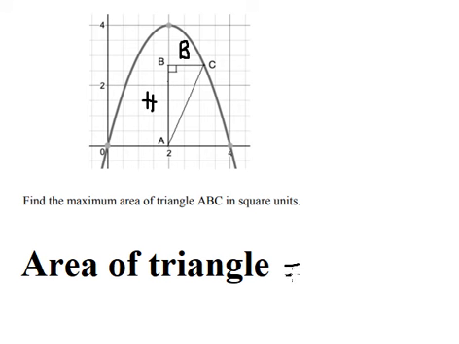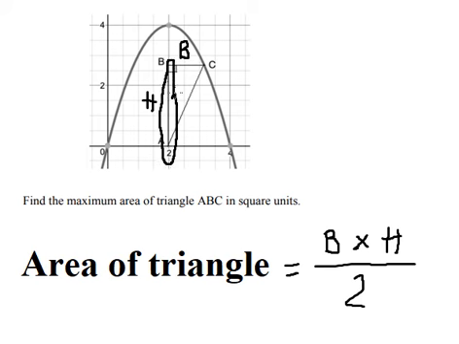The area of the triangle should be the base multiplied by the height over 2. Now, we know that the height is based on the value of y. The base will be based on the value of x.